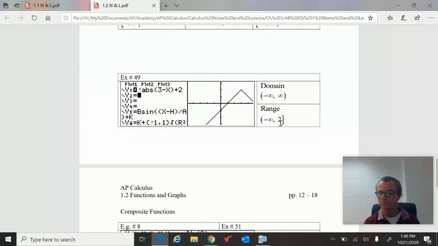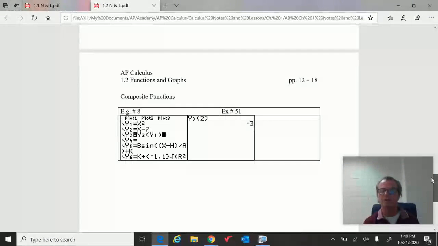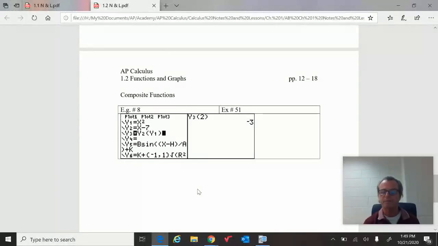And then example 8, composite functions, we have y1 is x squared, and in the book they refer to that as g, and f is x take away 7.